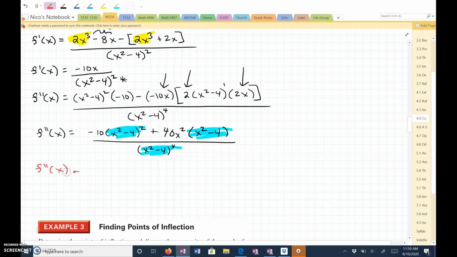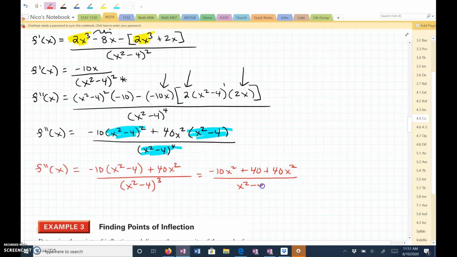So now f double prime of x equals negative 10 times x squared minus 4 plus 40x squared all over x squared minus 4 to the third power. Then the numerator I can distribute, so negative 10x squared plus 40 plus 40x squared all over x squared minus 4 cubed.